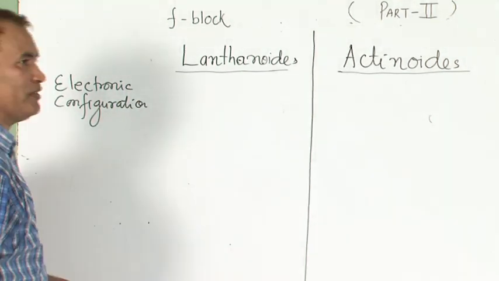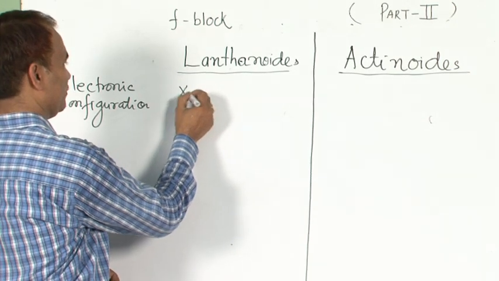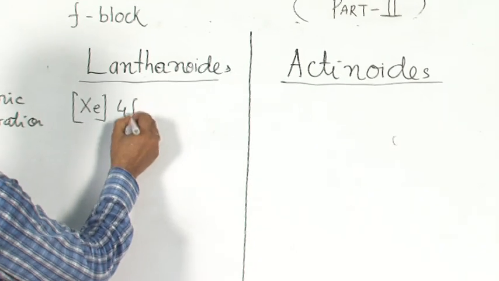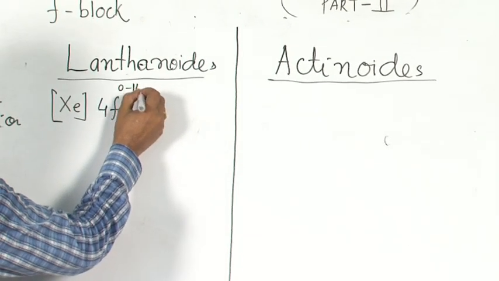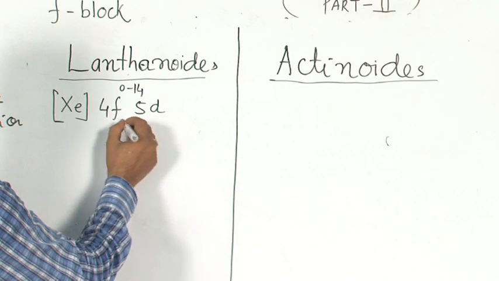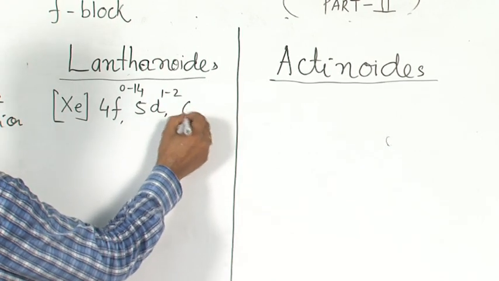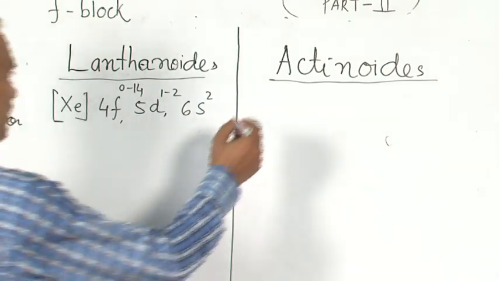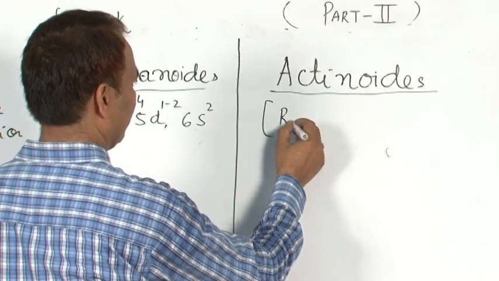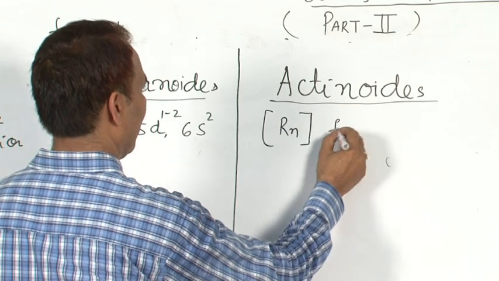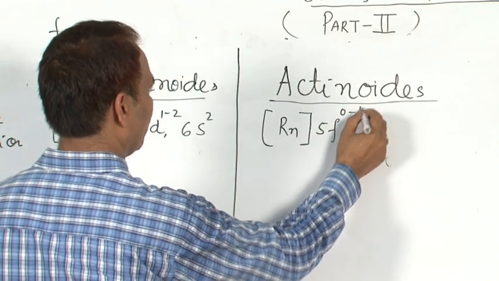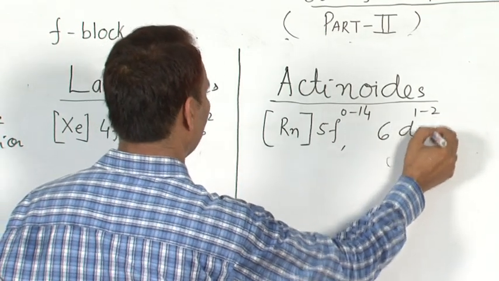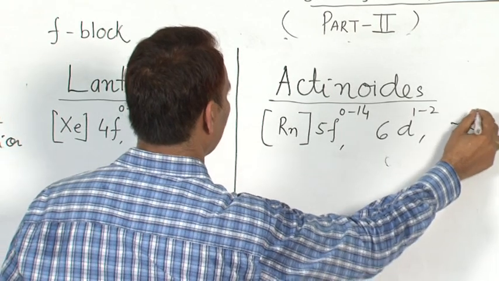The general electronic configuration of lanthanides is xenon, noble gas, 4f 0 to 14, 5d 0 to 1, 6s 2. And the electronic configuration of actinides is: after radon, 5f 0 to 14, 6d 0 to 2 and 7s 2.